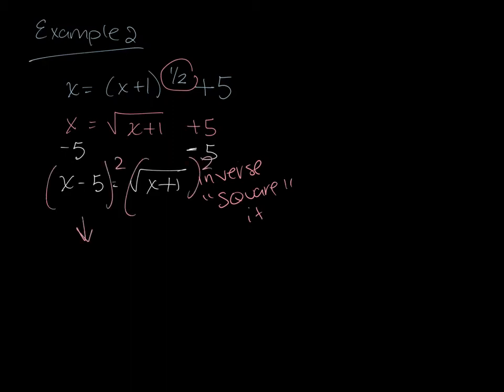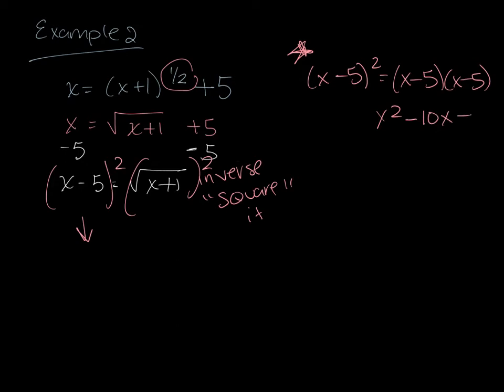Now this one does not break out to x squared plus 25. (x minus 5) squared: a huge thing to remember is that you write it twice. So that gives me x squared minus 10x plus 25. We have x squared minus 10x plus 25 equals x plus 1.